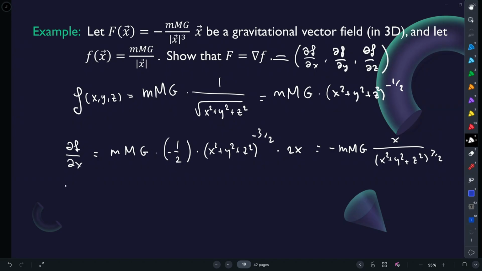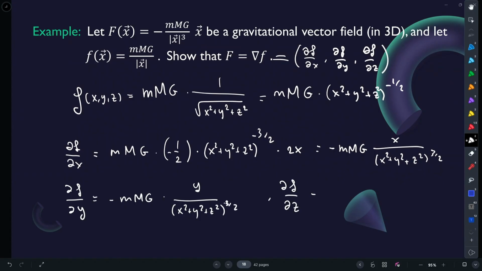And then you can take the same for the partials with respect to y. It's very symmetric. So this is y divided by x squared plus y squared plus z squared to the 3/2. And the partial with respect to z is also minus mg z over x squared plus y squared plus z squared to the 3/2.